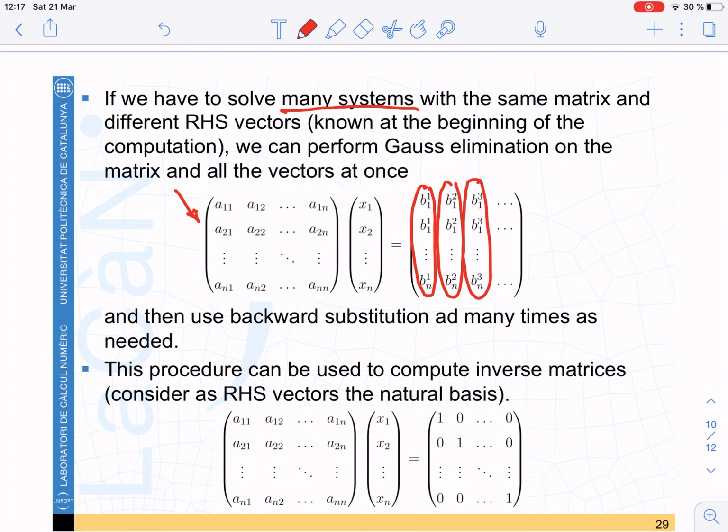So we can perform Gaussian elimination once on the matrix and for all the right-hand side vectors b, and then use as many substitutions as vectors b. This idea can be used to compute inverse matrices simply by taking as vectors b the identity matrix.